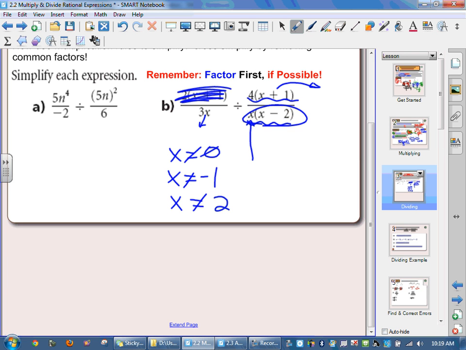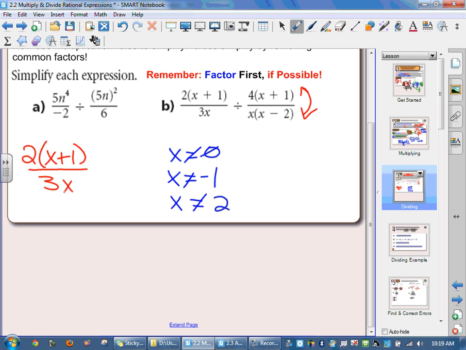So when I simplify again, I'm going to flip the right-hand side. So my left stays the same. I get 2x + 1 over 3x times x - 2, all on top of 4 times x + 1. All right. What cancels on these ones? The x + 1's, good.